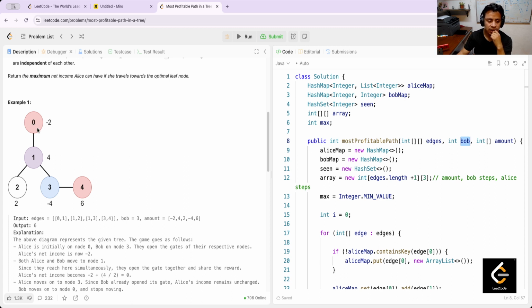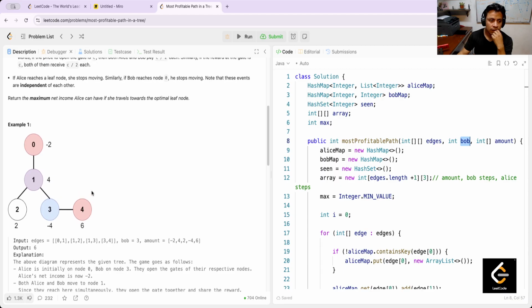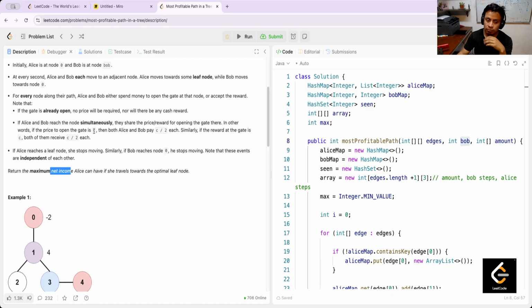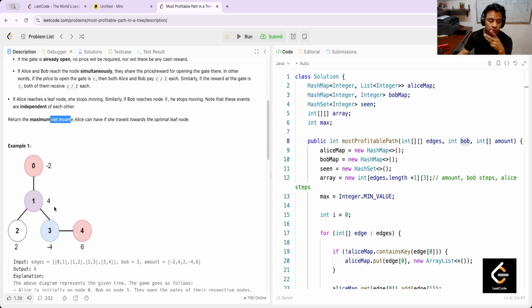And for Alice, the idea is to traverse the tree until she reaches a leaf, and at this moment you can calculate the net income. The problem also contains a few extra rules. For example, both players move at the same time and at the same speed, one node at a time.